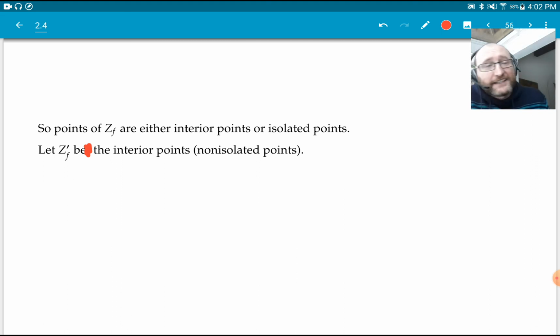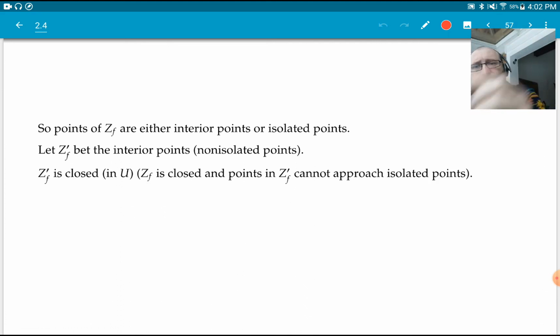So let Z prime be the non-isolated points of Z_f, right? Now, this Z prime is closed. It's maybe a little bit harder to see, but Z_f is closed, right?